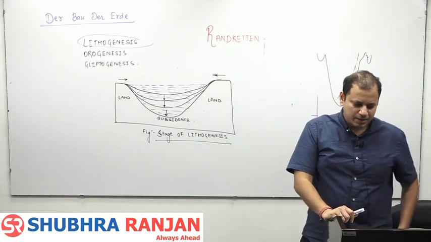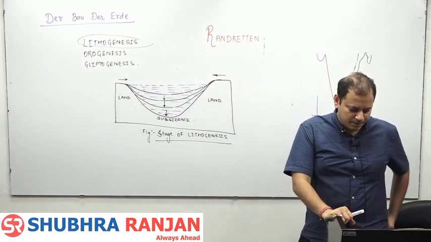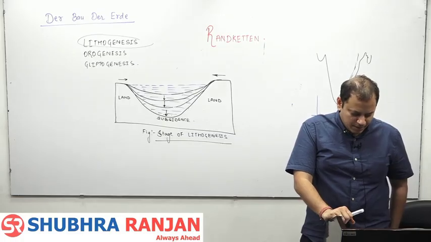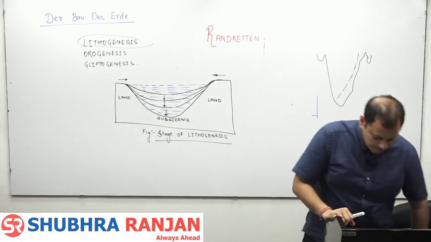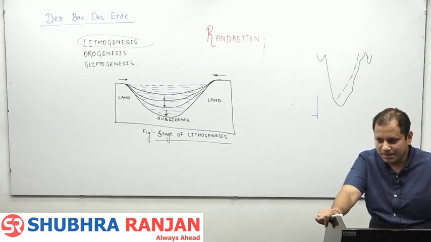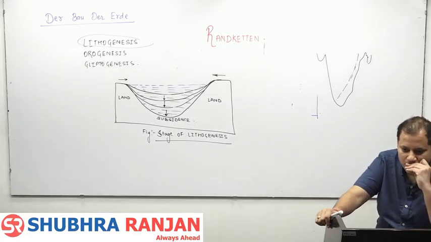Rand-Ketten means mountains along the sides.